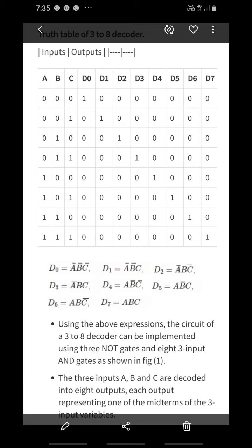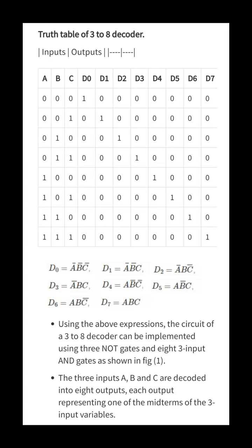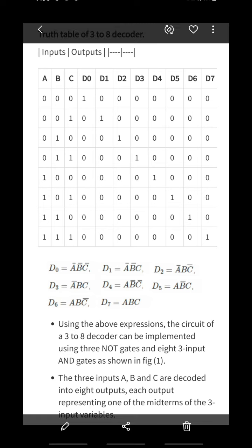So the truth table of the 3 to 8 decoder has inputs and outputs. Here A, B, C are the inputs, and D0, D1, D2, D3, D4, D5, D6, and D7 are the different outputs.